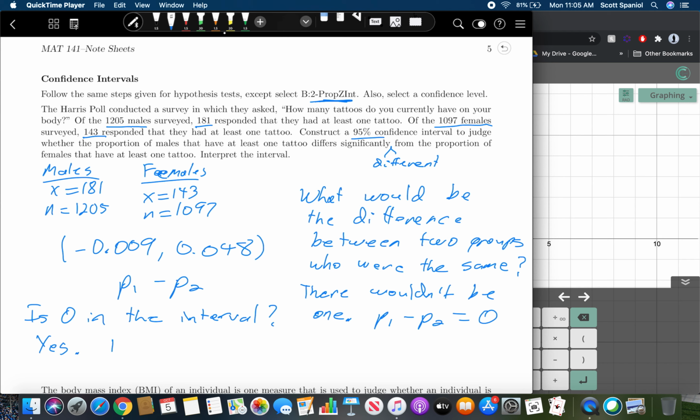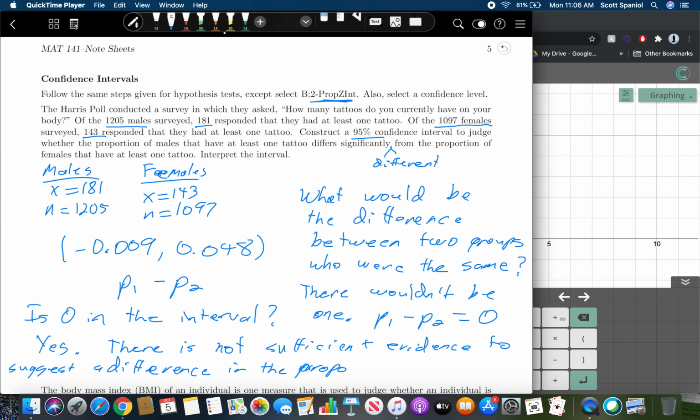Based on that, we can say there is not sufficient evidence to suggest a difference in the proportion of men and women with at least one tattoo.